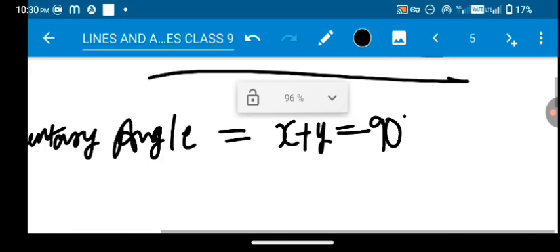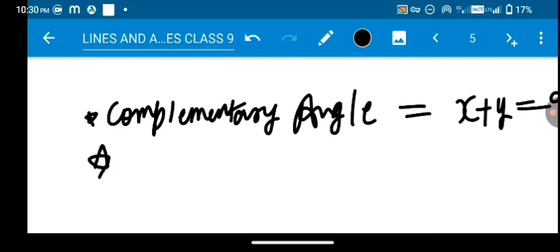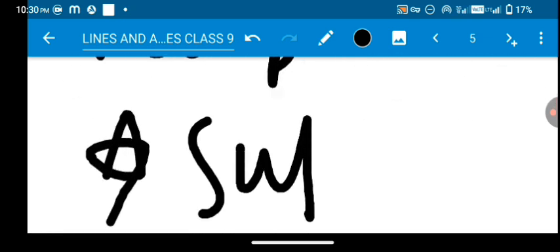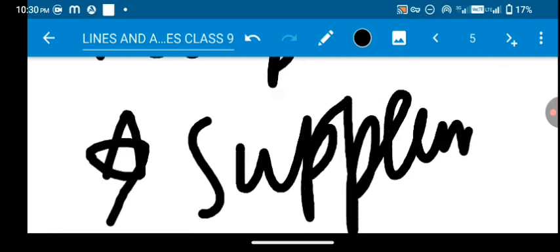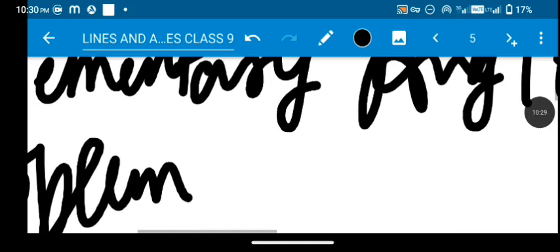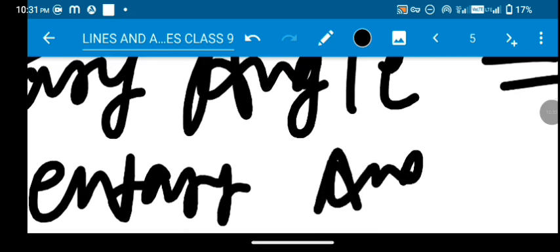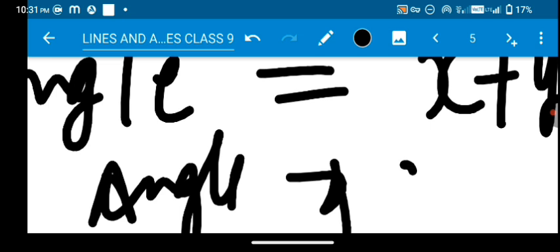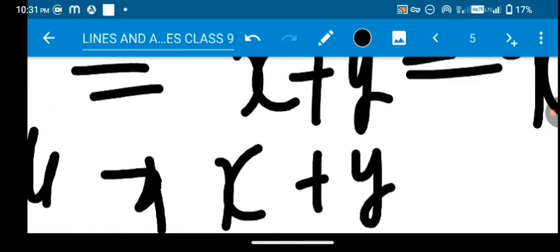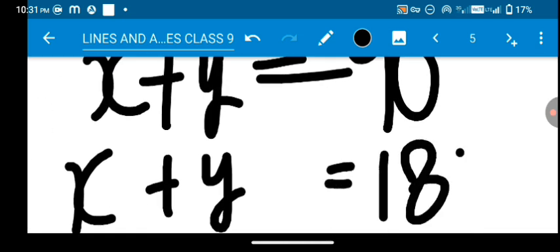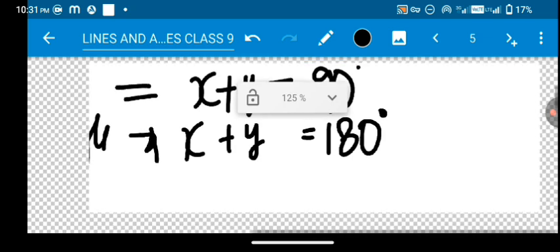In the same way, supplementary angles: the sum of two angles is 180 degree.